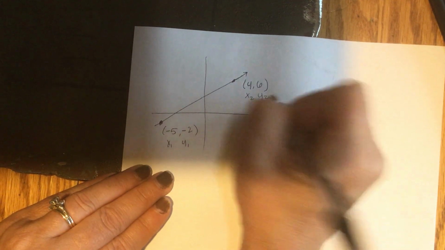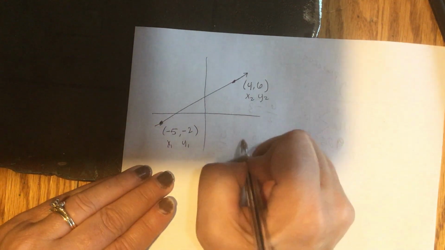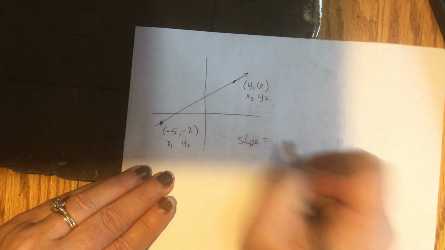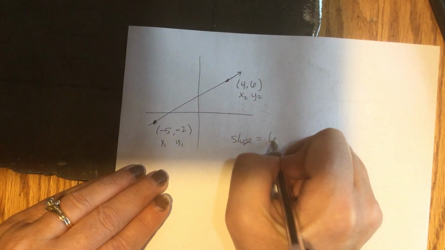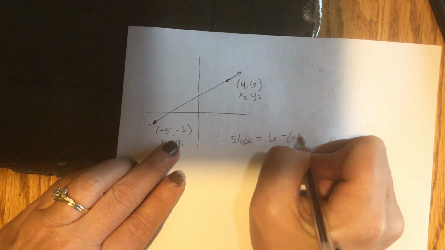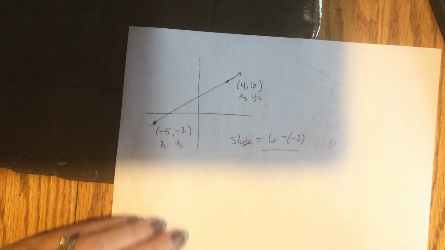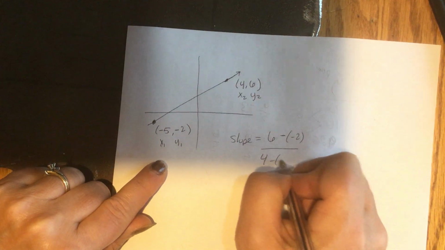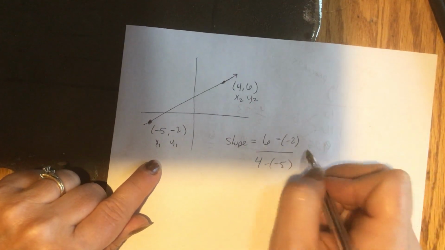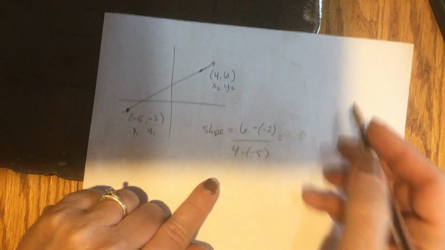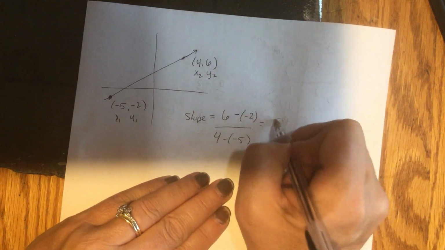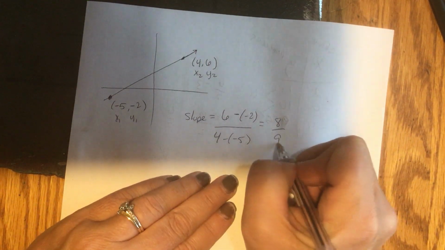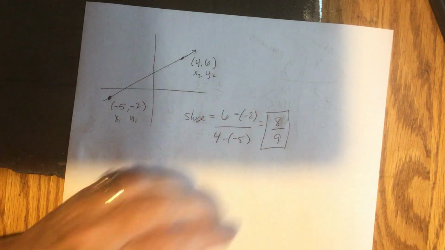This is x2, y2. So your slope or your rate of change would be 6 minus a negative 2 over 4 minus negative 5. So we have to deal with negatives here. I have to be careful. So that's 6 plus 2, which is 8. 4 plus 5 is 9. So your answer would be 8 over 9.